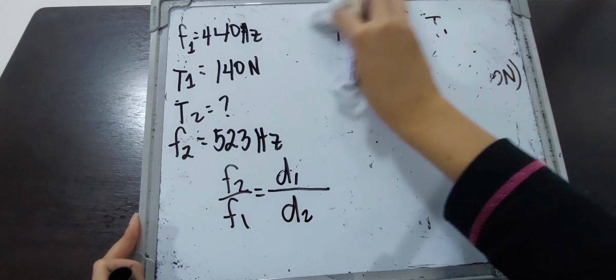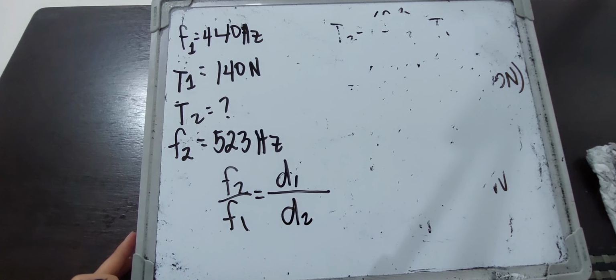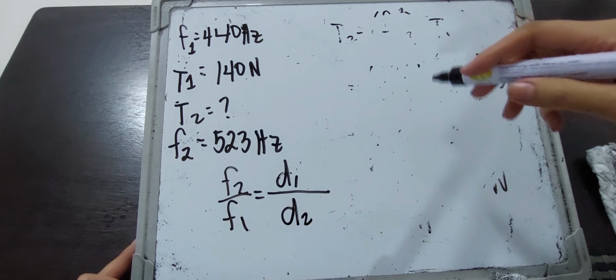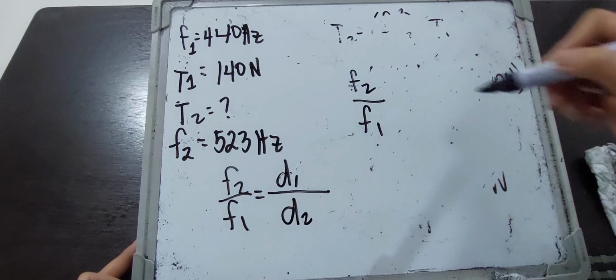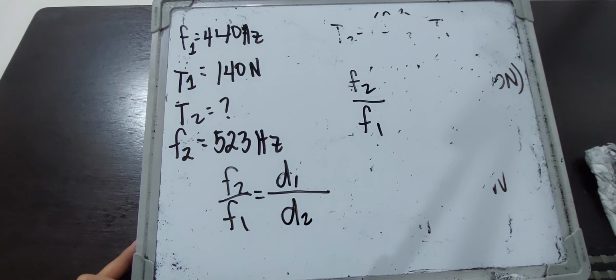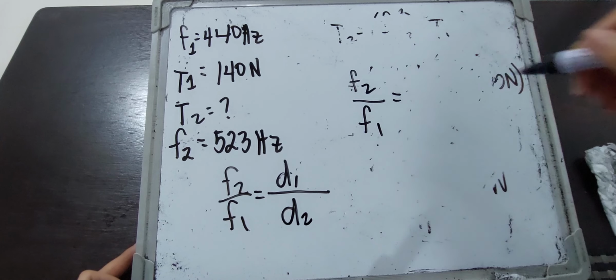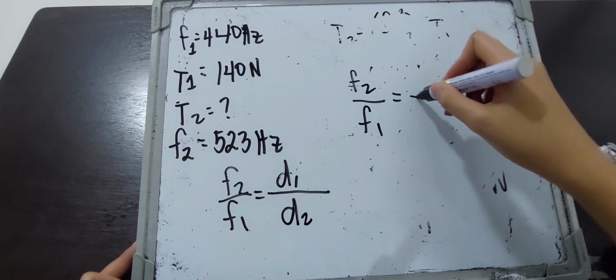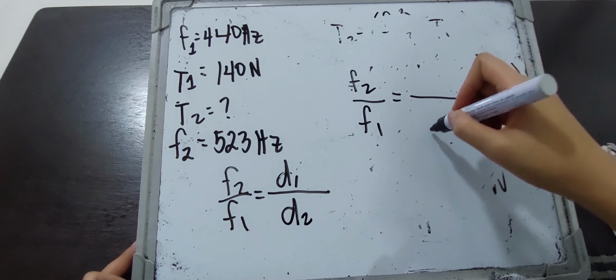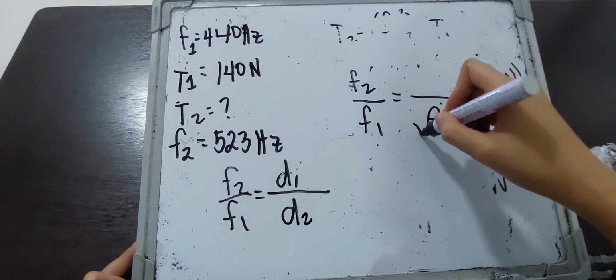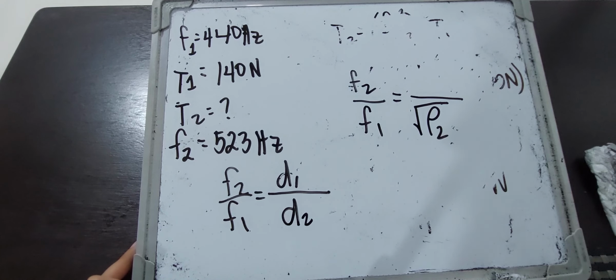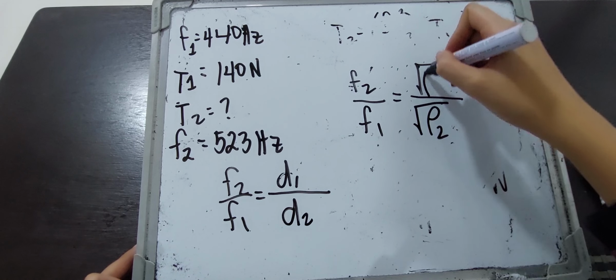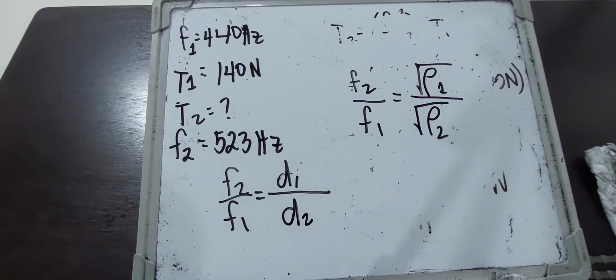And if you are going to use the fourth factor, which is the frequency is inversely proportional to the square root of the density, again inversely proportional, so our square root of density 2 is at the bottom and density 1 is on top.